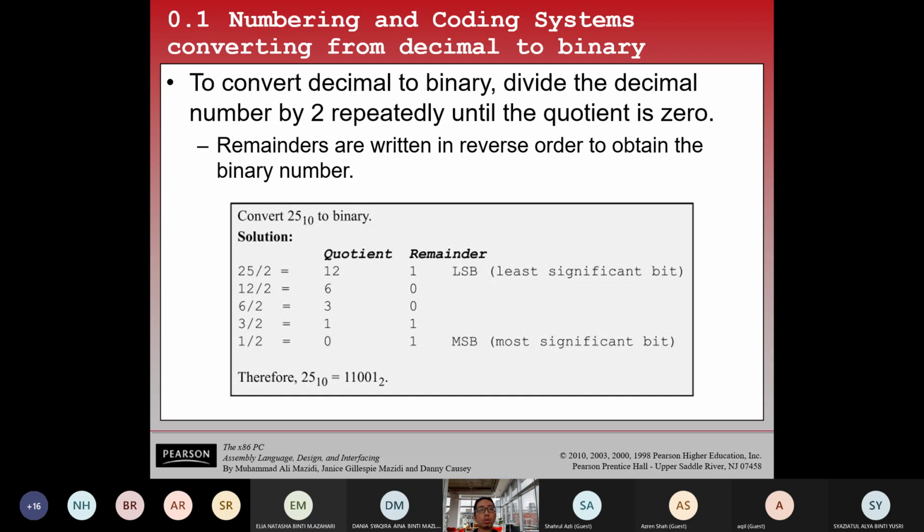So the way you read it is from the most significant bit, from the last remainder up. So 11001. Okay, 11001 base 2. So that's how you do the conversion from base 10 to base 2.